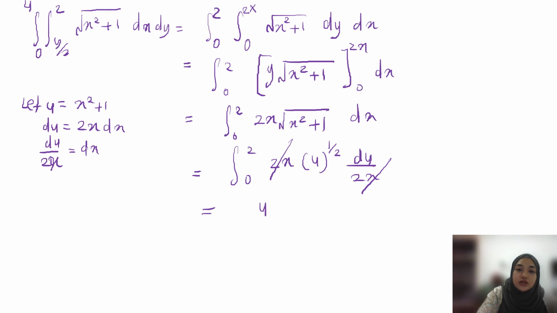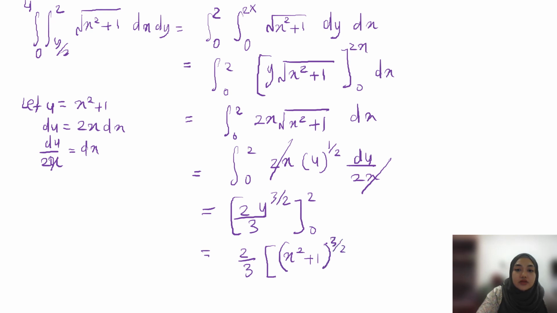To integrate u to the power 1 over 2, add 1 to get 3 over 2, so we have 2 over 3, from 0 until 2. We substitute u first, which is x squared plus 1, to the power 3 over 2, from 0 until 2. Then you just substitute the interval.